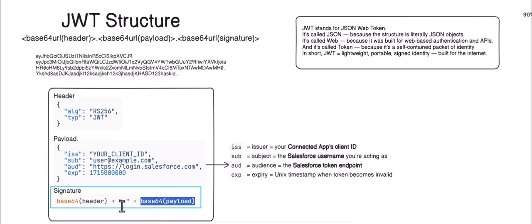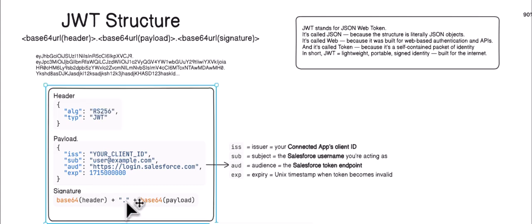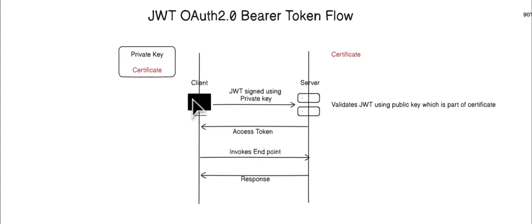It will combine all these, and then hash it using the algorithm mentioned here, RS256. So that is the first part. And then it will also encrypt it using the private key. Now which private key? If I go back to the previous diagram, this private key, right?